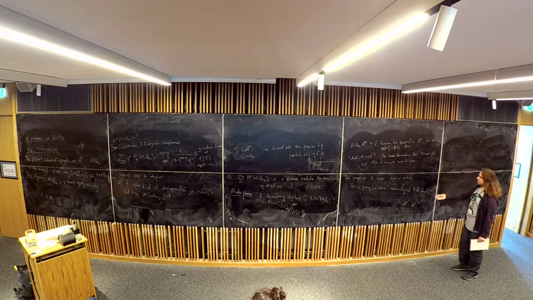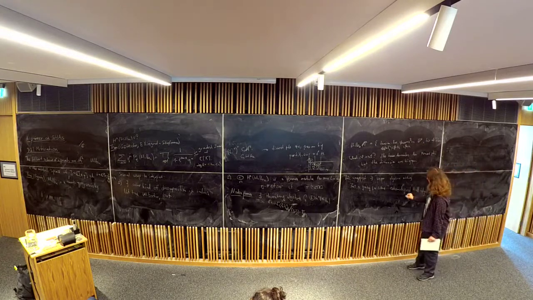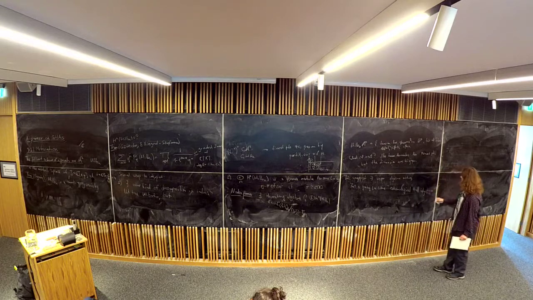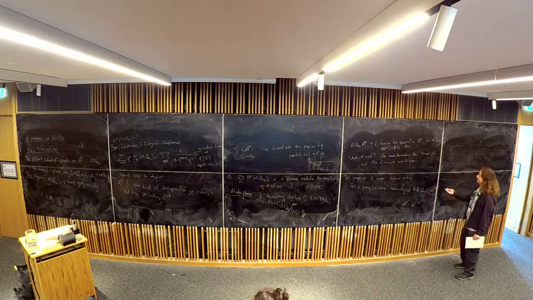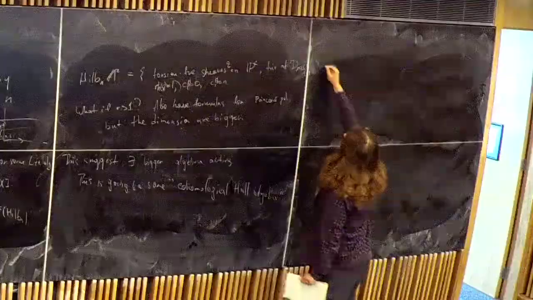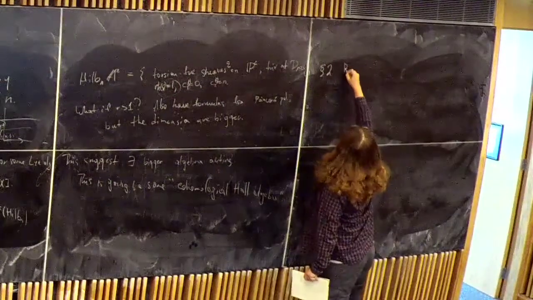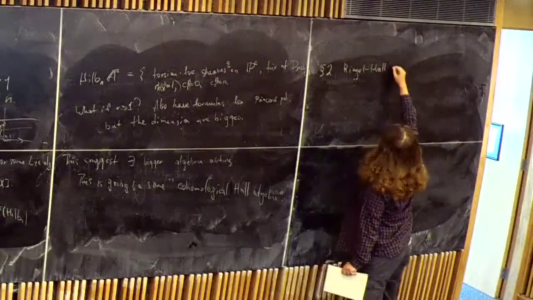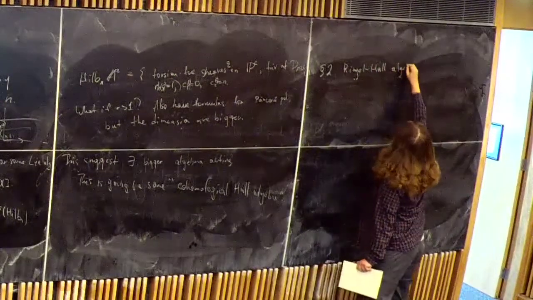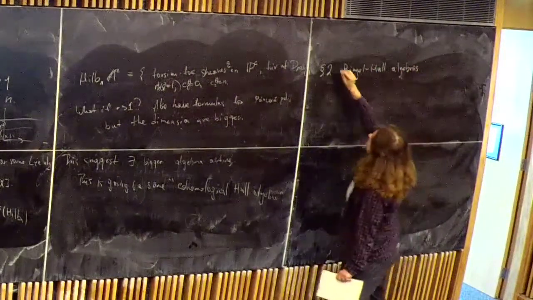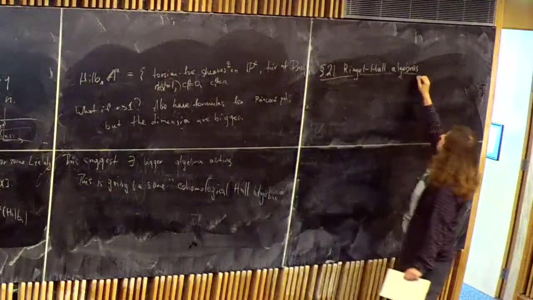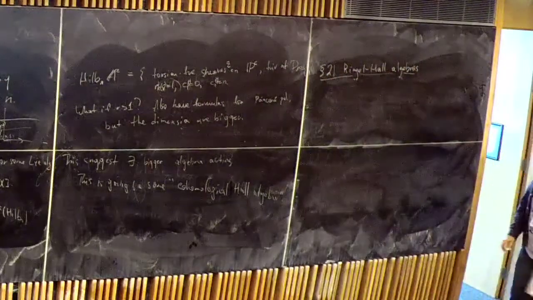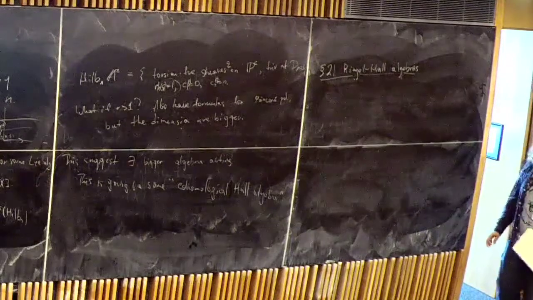But first, let me motivate a definition which is a little bit technical. I will start with another thing which is called Ringel-Hall algebras. But before I continue, do you have any questions?